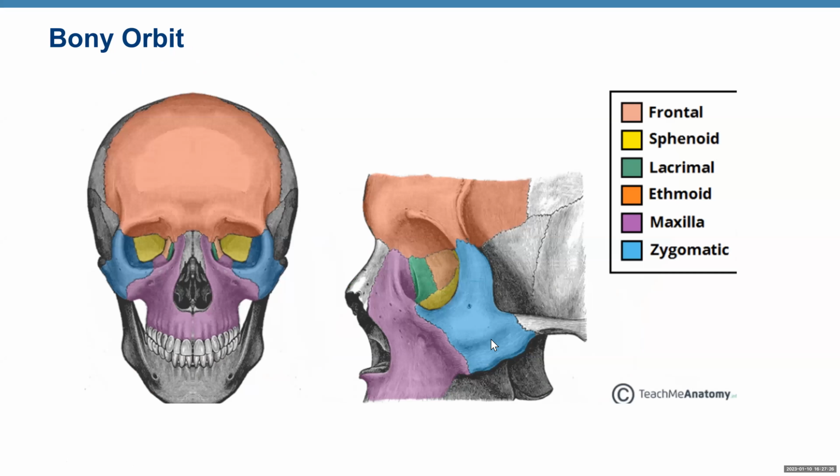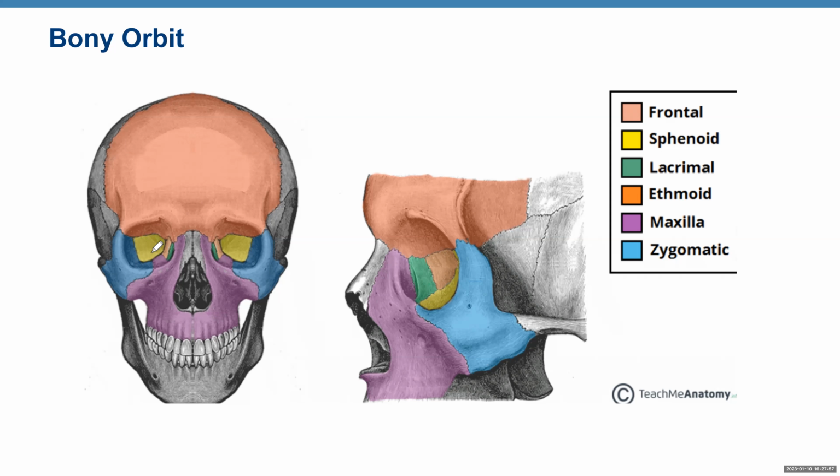Okay, now we're gonna look at the bony orbits because bony orbits are made of several bones. You can see it's made of frontal bone here, then zygomatic bones, maxilla, right? So that's a part of the maxilla. That's part of zygomatic bone, frontal bone. Shown here in yellow is sphenoid bone.